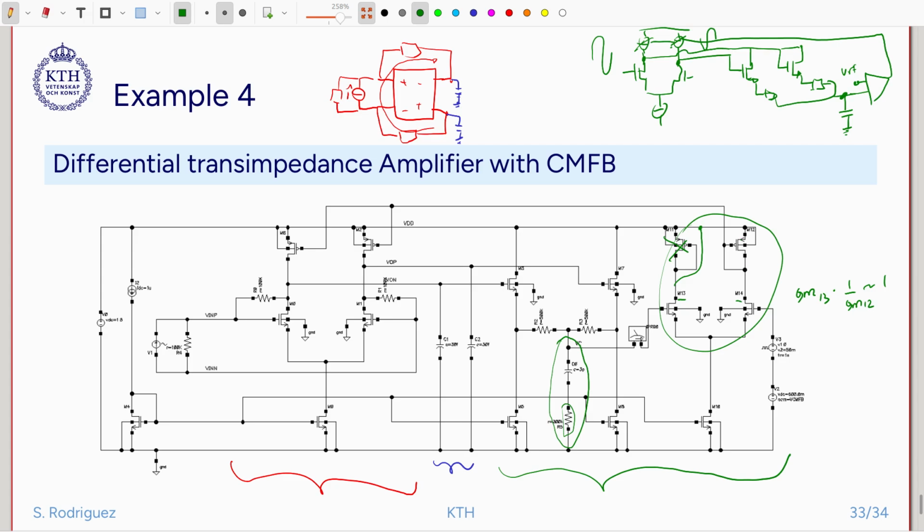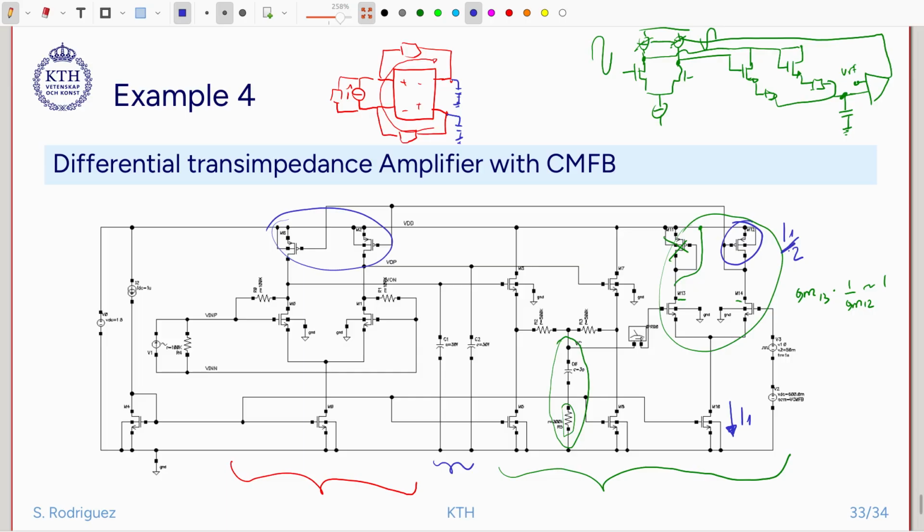And then the most important detail is these transistors and these transistors. The sizes of these transistors are very, very important, and they are pretty much related. So you have this current here, we call it I1. You have the current here, I1 divided by 2.